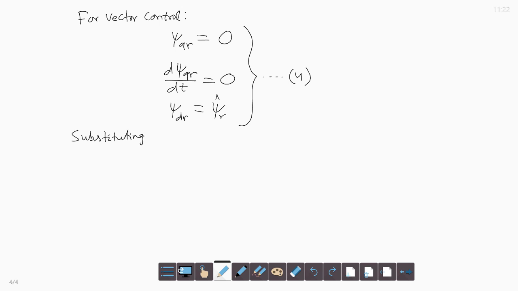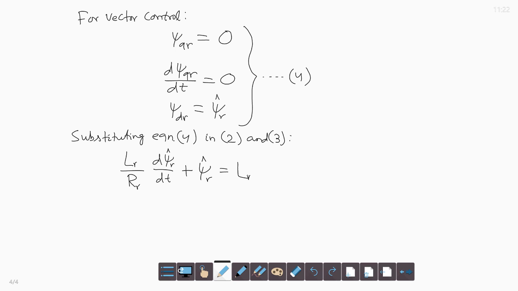Now, substituting equation 4 in equations 2 and 3 and simplifying, we get Lr by Rr d psi r by dt plus psi r hat is Lm into Ids.